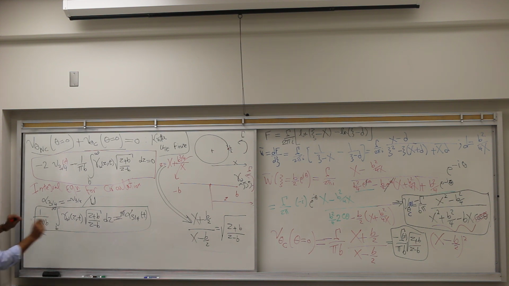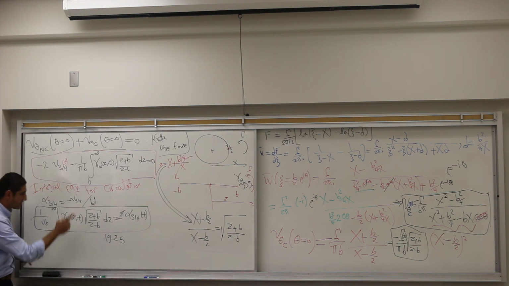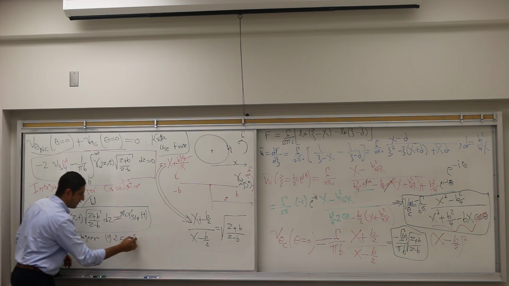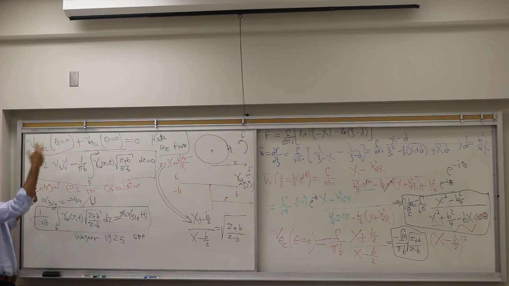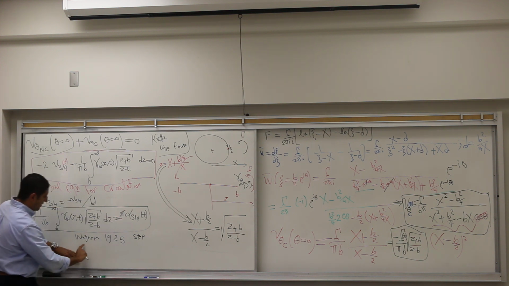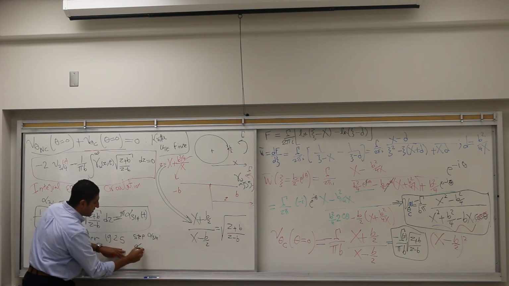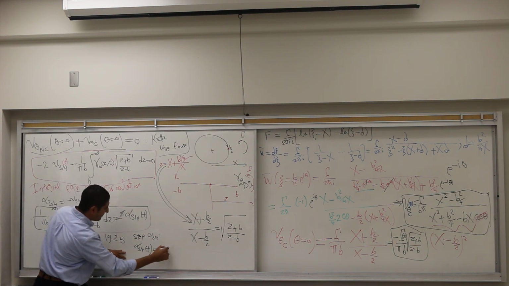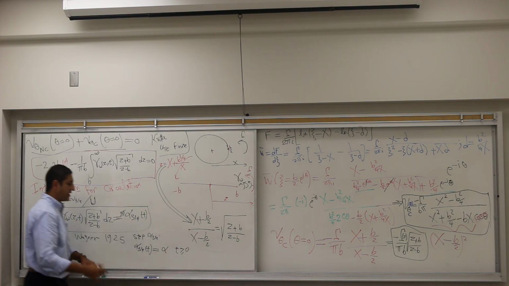So this is the exact equation that Wagner derived in 1925. He solved it for a step, but using a different spirit. He did not divide into non-circulatory and circulatory and this kind of stuff. He derived it using a different spirit. So he did it for a step alpha 3/4, which means alpha 3/4 as a function of time is some alpha for time greater than or equal to 0, and 0 otherwise.